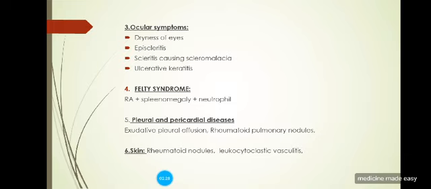If there is organomegaly, that is splenomegaly, or neutropenia, then it can be Felty syndrome. There is involvement of the lungs as well as cardiac involvement. In the skin, as I already mentioned, rheumatoid nodules, and there can also be leukocytoclastic vasculitis.